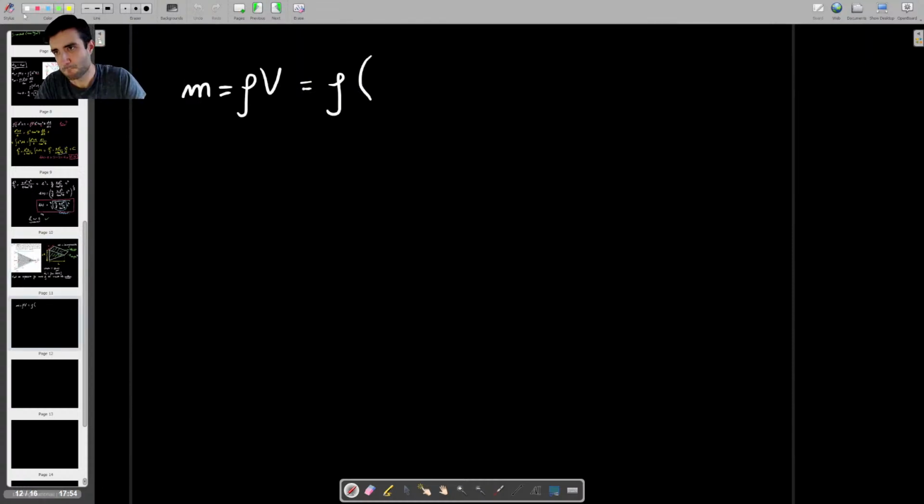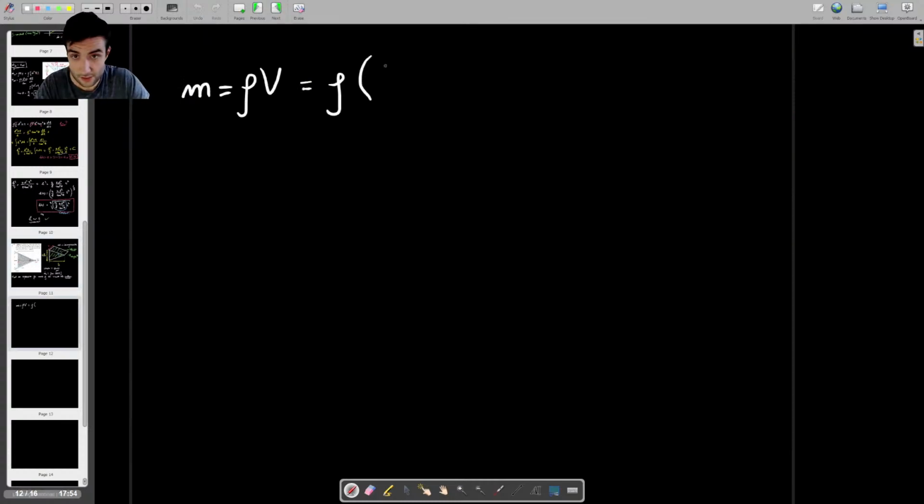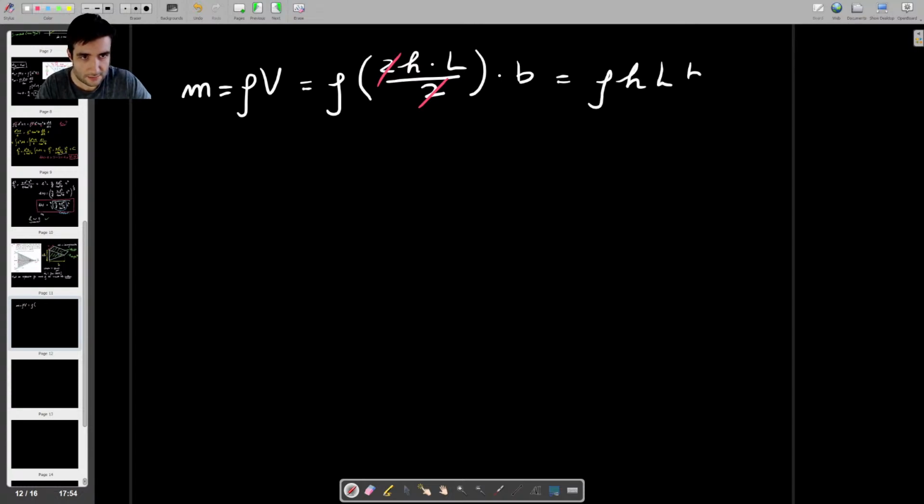So we've got rho, and then we have the area of the triangle, which is just base times height over 2. So this is 2h times L over 2. This gives us the area of the triangle. So 2h times L over 2, and then we multiply this by the width, and that's the volume. Okay, so we can cancel out the 2's, and we get rho, and then we get h, L, and B.